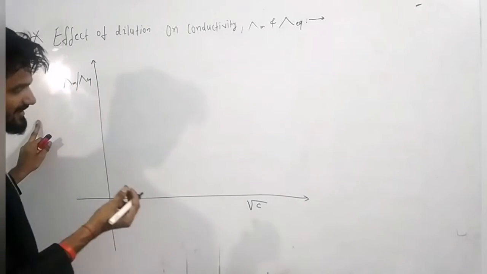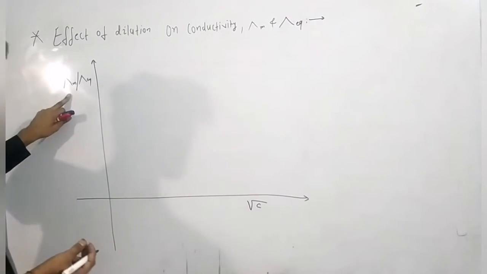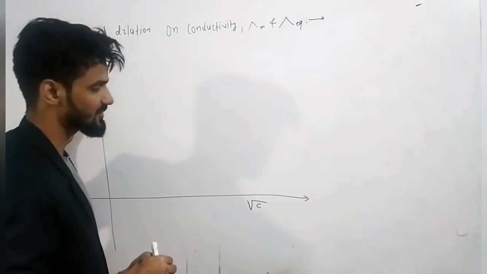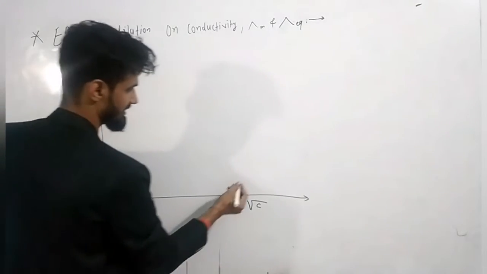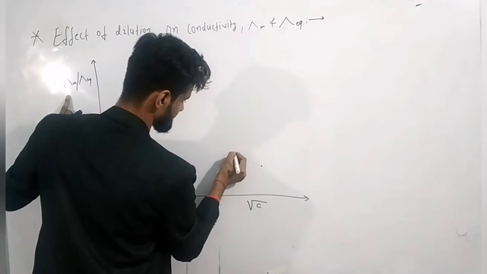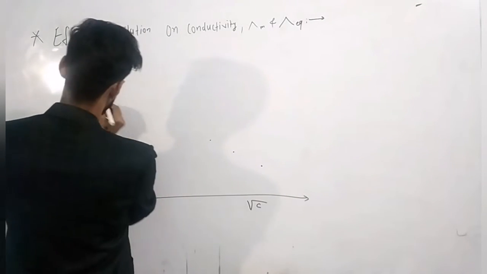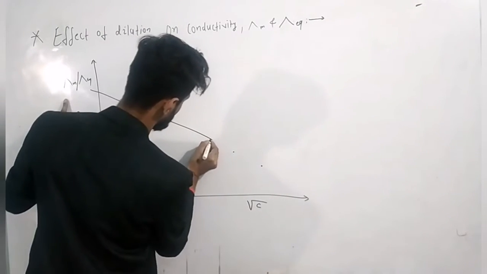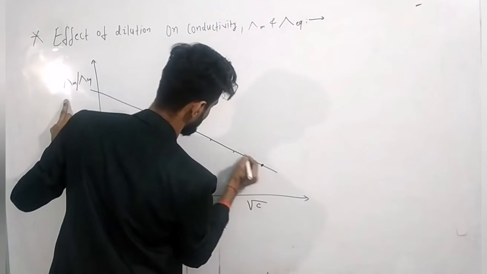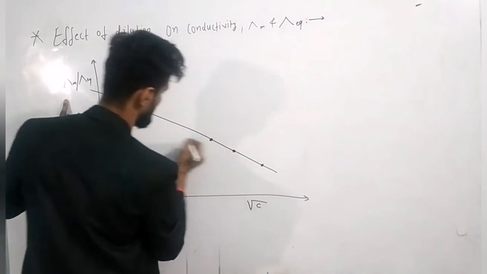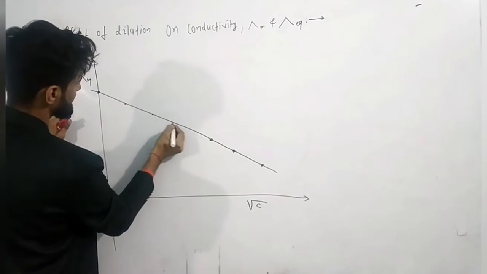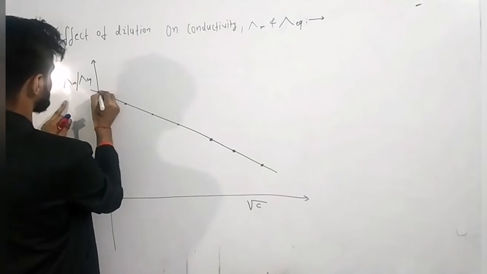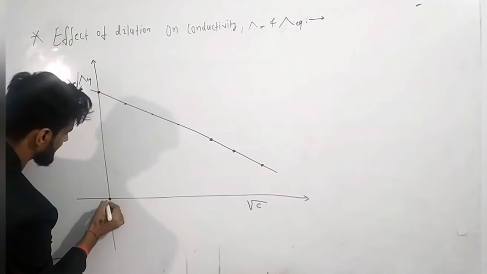They started measuring kappa molar or kappa equivalent for the electrolytic solution at different concentrations, and saw that the graph was a straight line having a negative slope and some intercept on the y-axis.